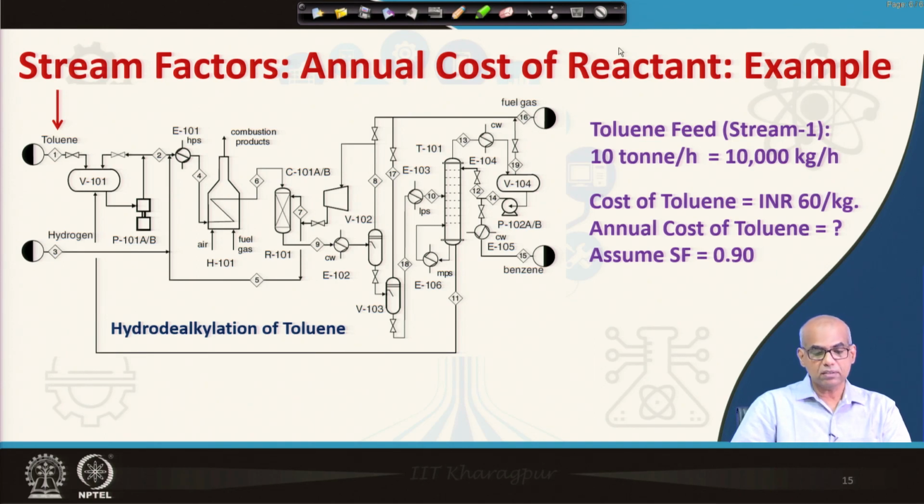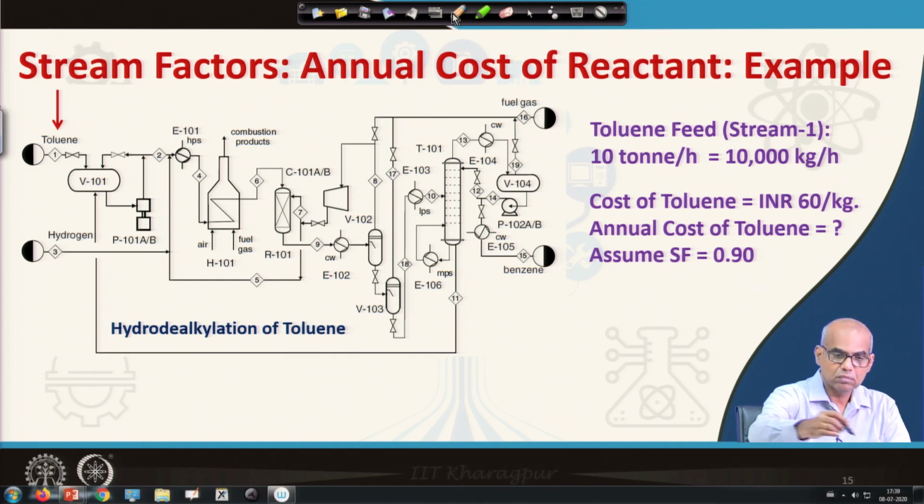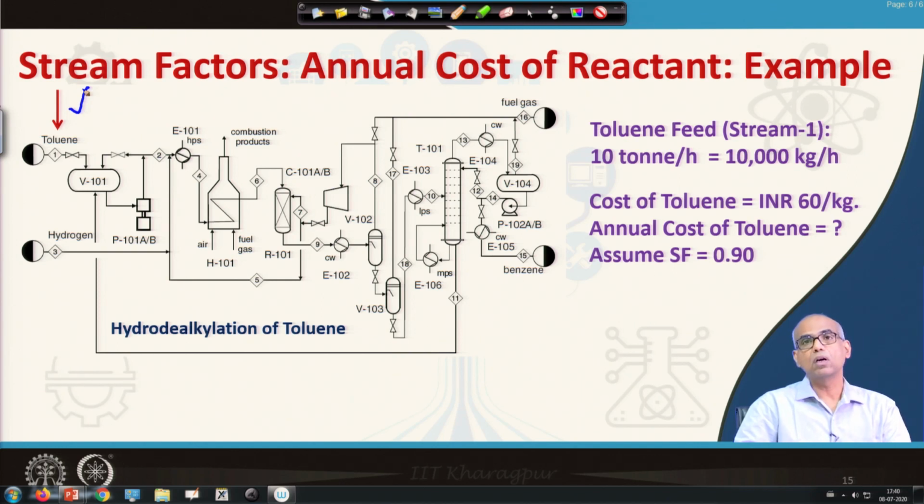Again, let us consider hydro dealkylation of toluene. We have discussed this when we talked about the process flow sheet. So, look at stream number 1. This represents the toluene stream. And you know that such flow sheets are associated with a stream table which has all the detailed information about all the streams.